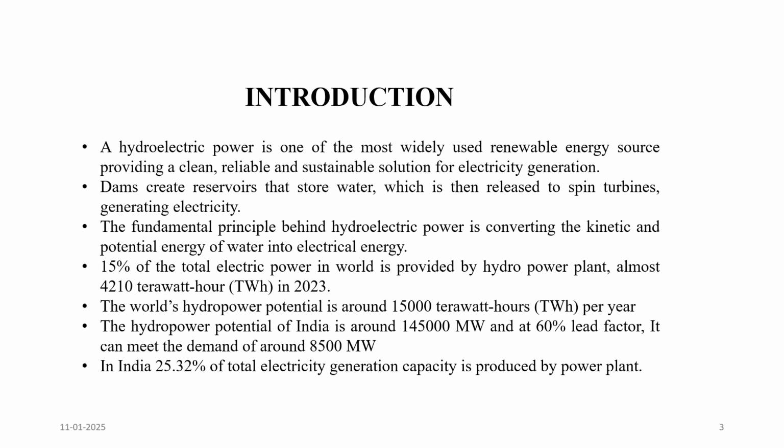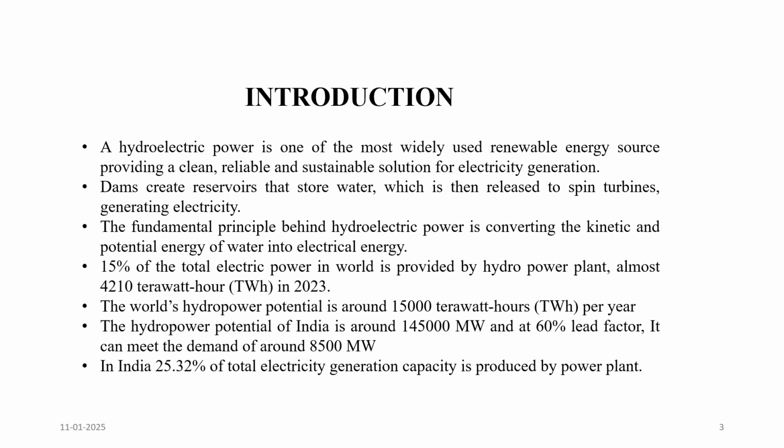Next point, 15% of the total electric power in the world is provided by hydroelectric power plants, almost 4210 terawatt hours in 2023. This unit is TWh. Next point, the world's hydropower potential is around 15000 terawatt hours per year, and the hydropower potential of India is around 145,000 megawatt, and at 60% load factor it can meet a demand of around 85000 megawatt.